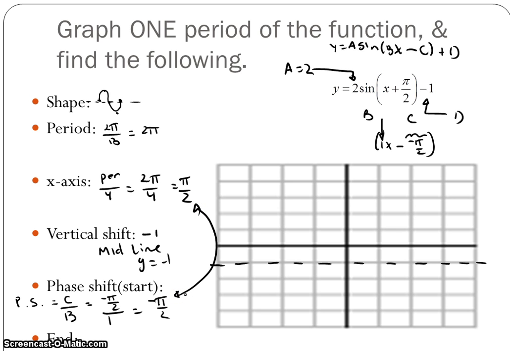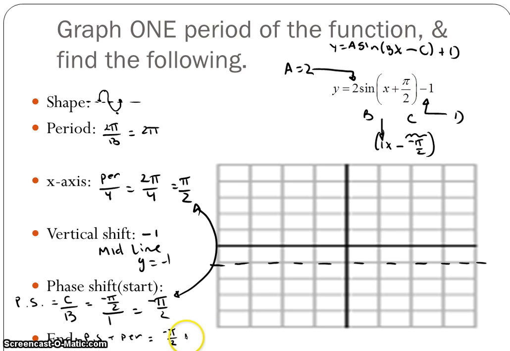So that's good. And so if we start at minus pi over 2, we're going to do one period, and then we're going to have the end point. So my end is always going to be the phase shift plus the period. And this is just a self-check that we're going to use to make sure that we graphed it correctly.